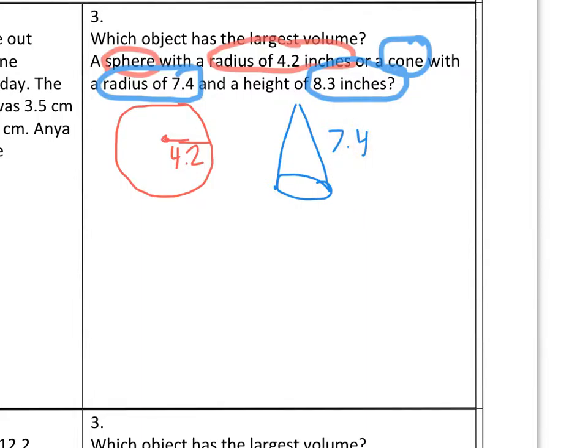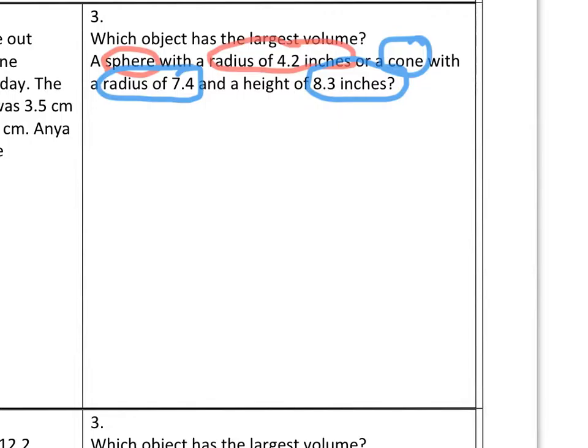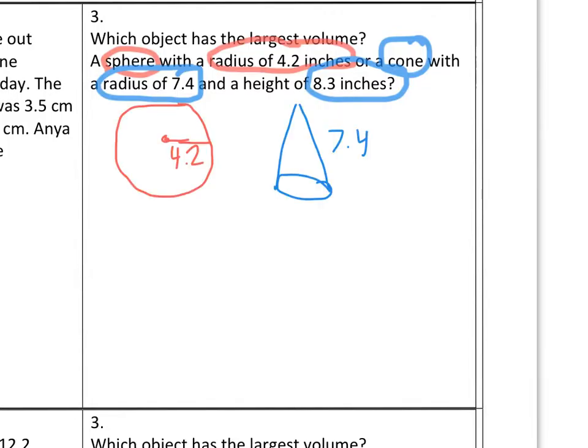So we need to go with a height of, let's see. Where's my eraser? There we go. So we're going to go with the height of 8.3. So let's go ahead and change that to see how good I can recover. 8.3. That looks awful. There we go. So that's what we'll do. There we go. 8.3 and a radius of 7.4. So 7.4 I like to put on the bottom so that way we know the difference.